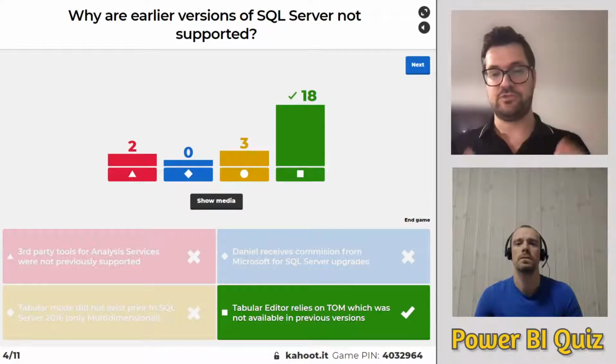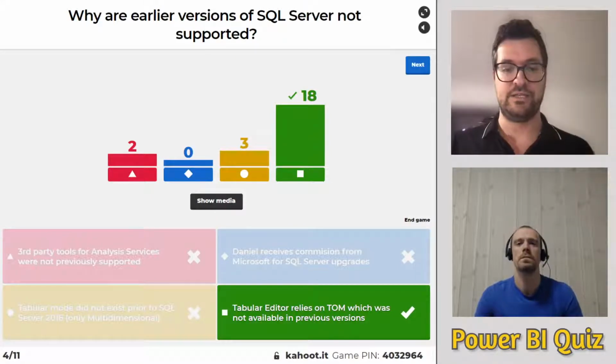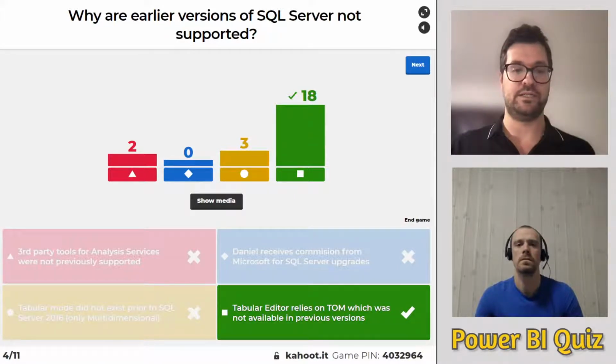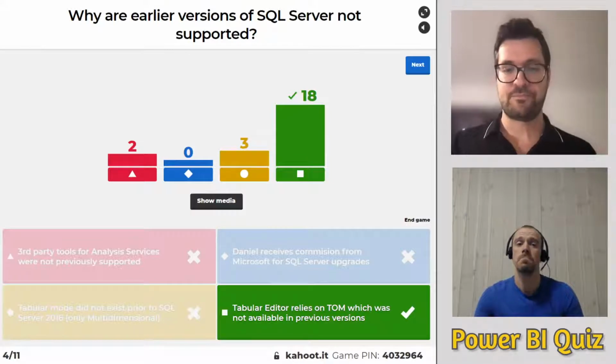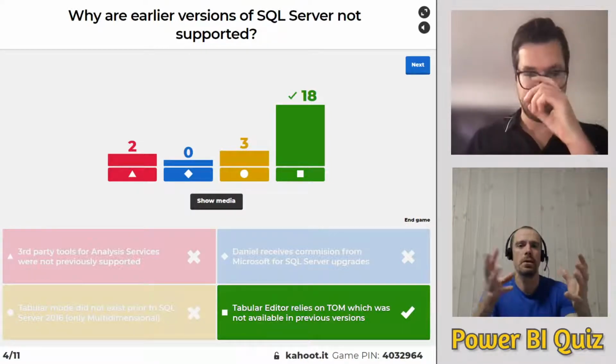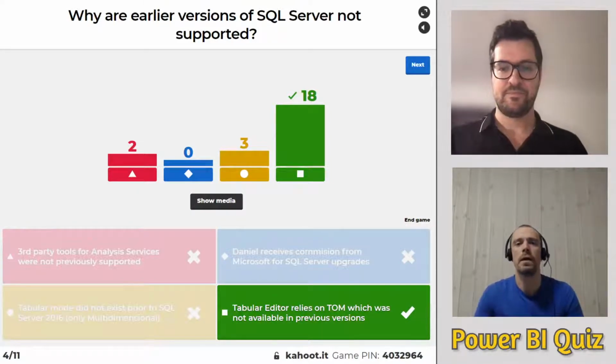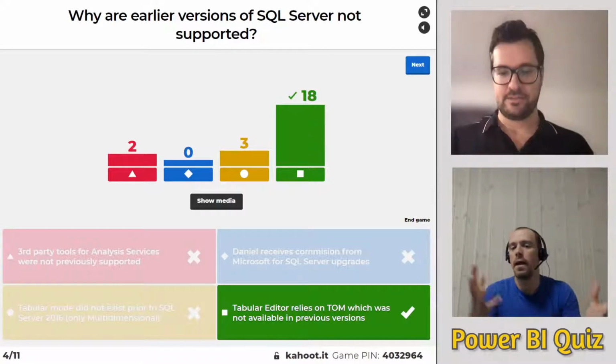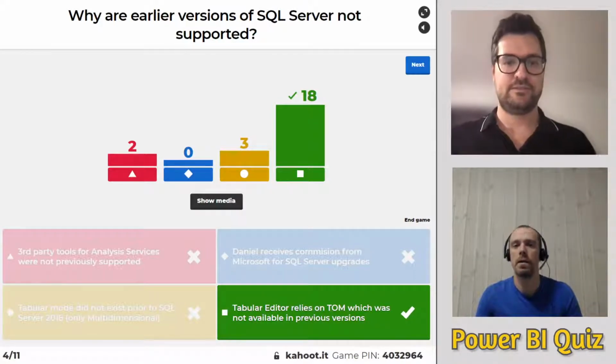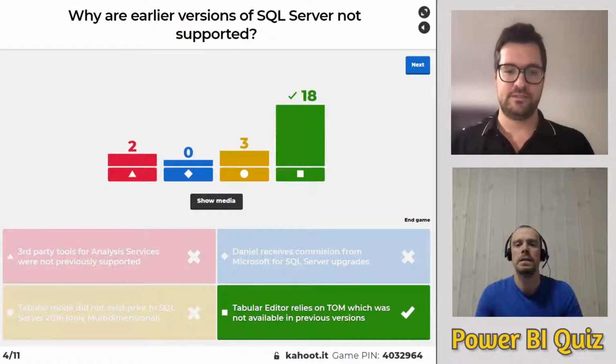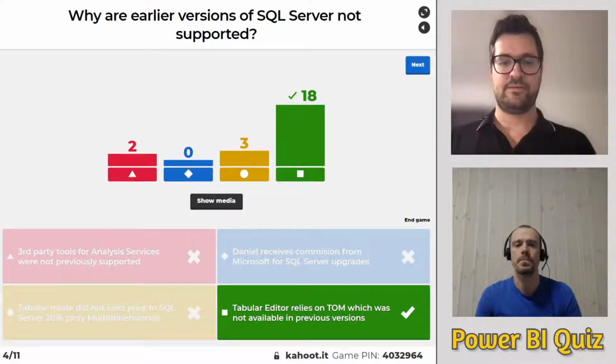Instead of having to write and read XMLA code, we could just use this API, which makes things much easier. That's right. And the TOM model is also the one in Power BI, I believe from the start, but it was opened up later, so you could work with it with Tabular Editor. Exactly.